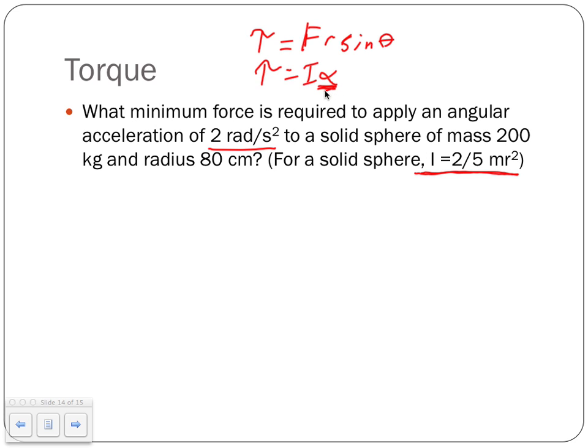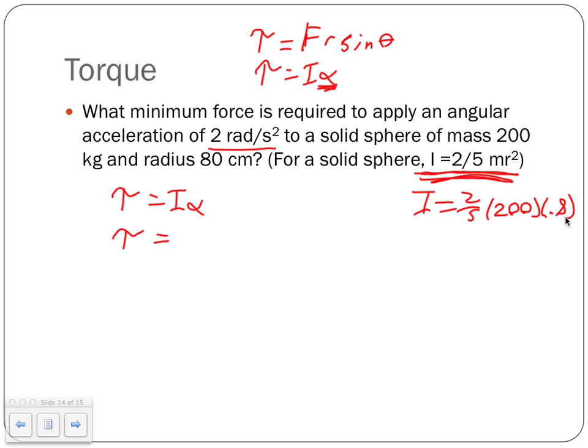Let's go ahead and start using our tau equals I alpha equation first. Let's plug in what we know. For tau, we don't know that. I is the moment of inertia. We can figure that out because we have our equation right here. I is equal to 2/5 times the mass of the object, which is 200 kilograms, and that's in the right unit, and then r squared is 80 centimeters, which needs to be 0.8 meters squared.